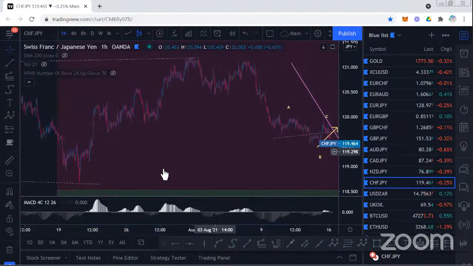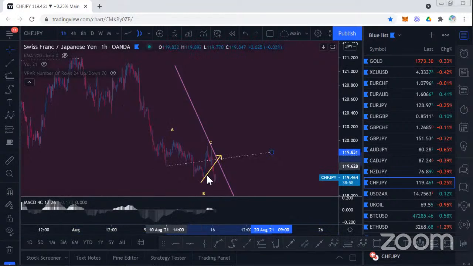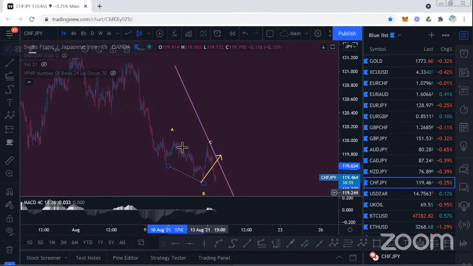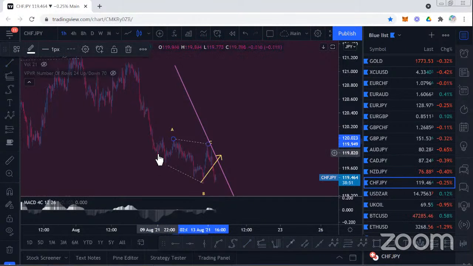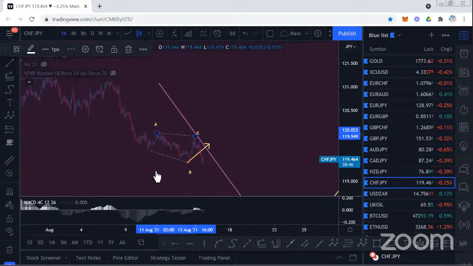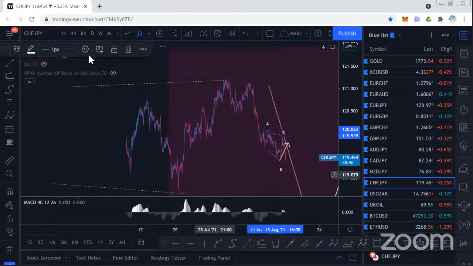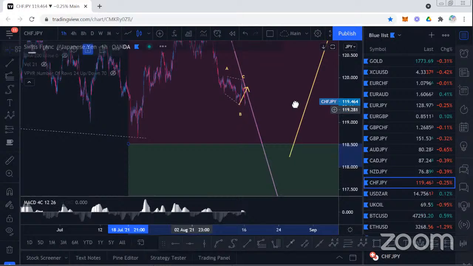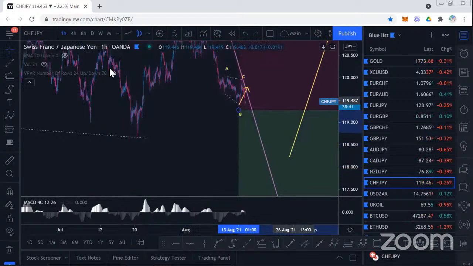We were looking for this pop higher, which is exactly what we got from this. Beautiful little running flat type structure. A little bit worried about this little pop higher A, B, C, D, E, but it still works, which means entry order below the lows is definitely still valid. So I want to start to shift this entry order up to this level here.